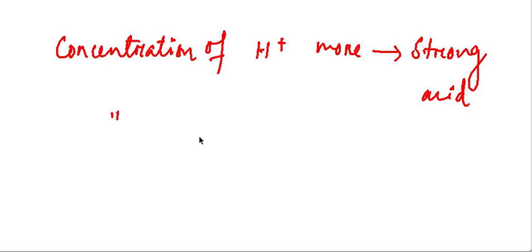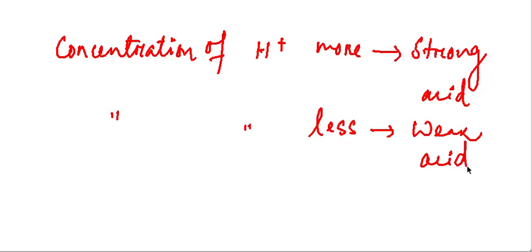And if the concentration of H plus ion is less, then it will be a weak acid. So the strength of the acid also depends on how much amount of H plus ion is present in the solution.